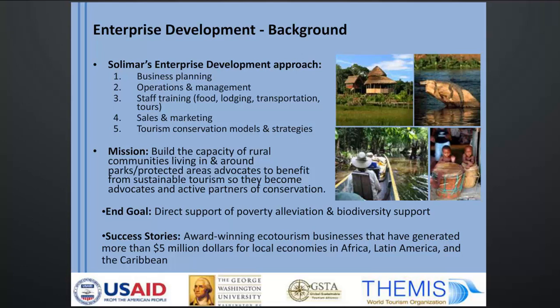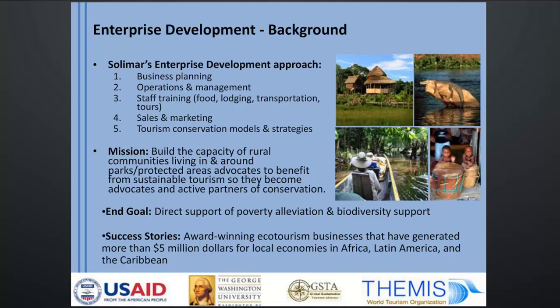As we'll see within this short introduction, the purpose of the businesses that Solimar supports and that is covered within this toolkit is not only to generate revenue and jobs, but to also support other philanthropic missions such as biodiversity conservation and job creation and cultural preservation.